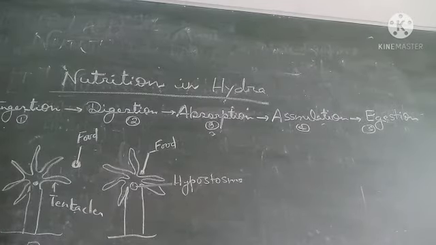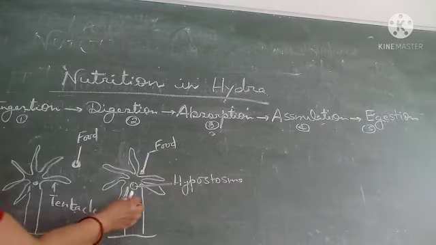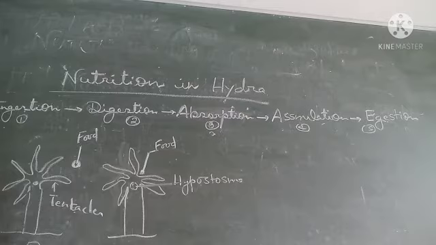The food is then assimilated inside the cell. Undigested food is also expelled out through the mouth. That's why in the body of Hydra, an incomplete digestive system is present, because the mouth and anus openings are the same.